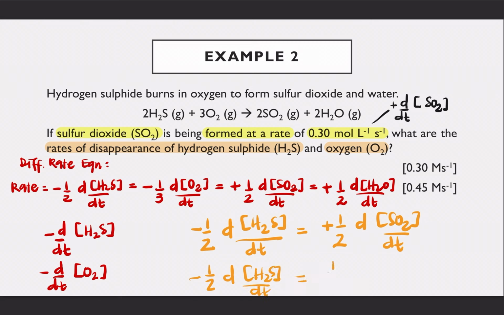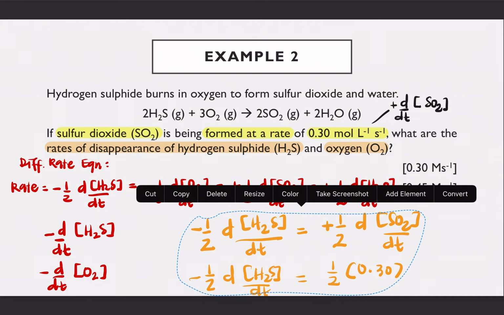Equals to 1 over 2 times 0.30. Okay, and then you want to find this, right? So that means you need to move this 2 to your right. Alright, okay, since we don't have any space, I'm gonna make this smaller.